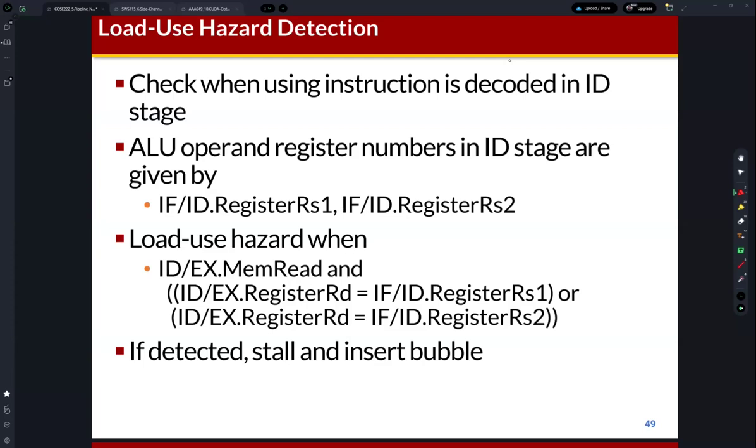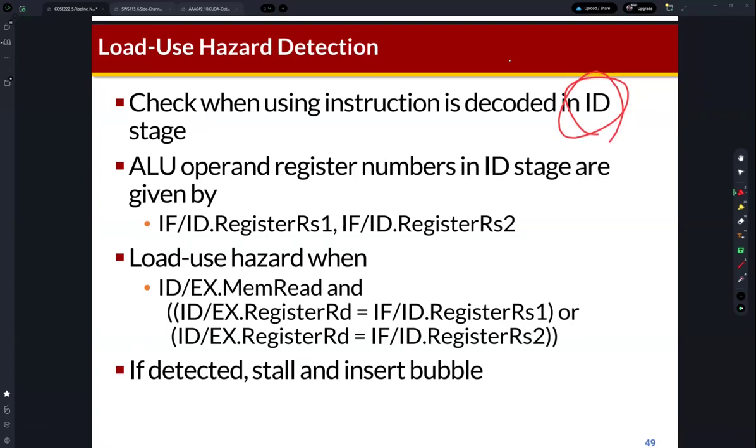Why the ID stage? The load use hazard can be detected in the ID stage. The instructions are fetched in the instruction fetch stage. We get the instruction in the late part of the clock cycle, and then this instruction is propagated to the ID stage.